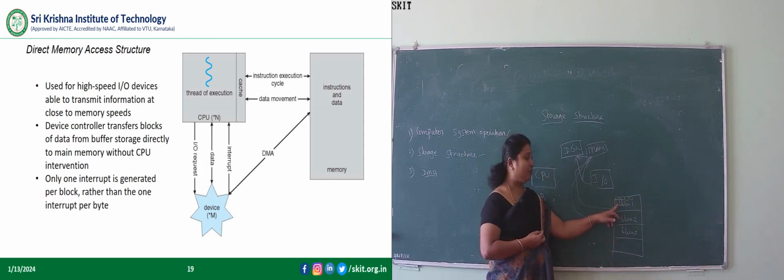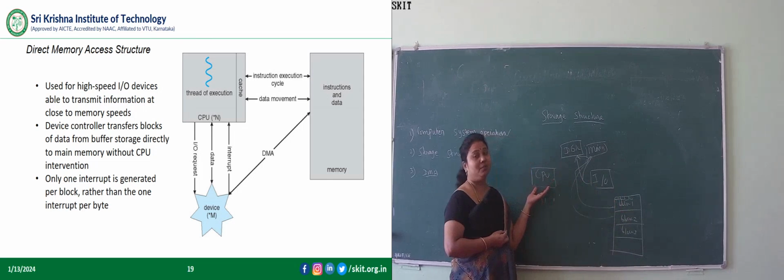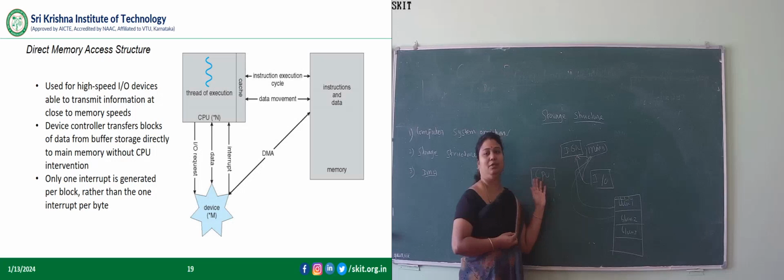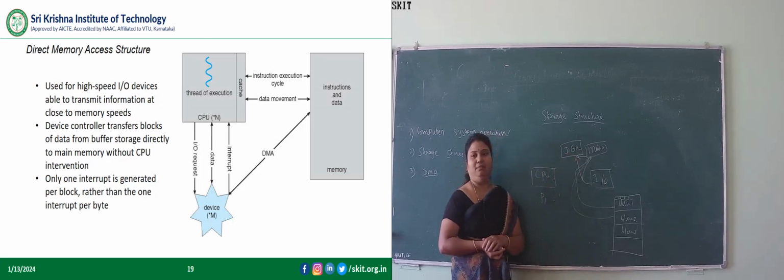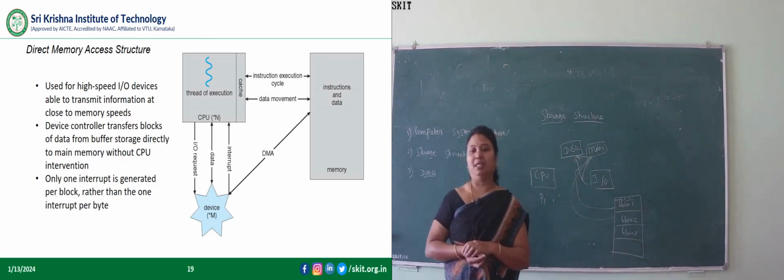If it had to communicate for each byte, it would disturb the CPU 1000 times. To avoid that, for each block it will communicate to the CPU once, then it will directly transfer to the main memory without disturbing the CPU. So this is called direct memory access.